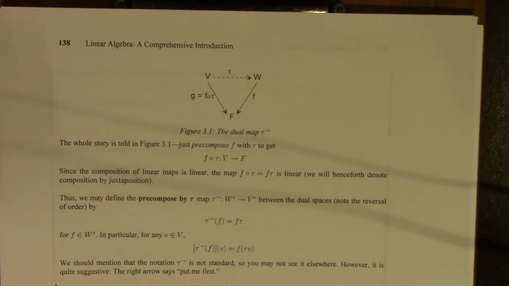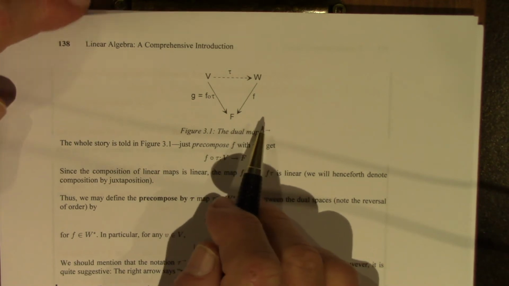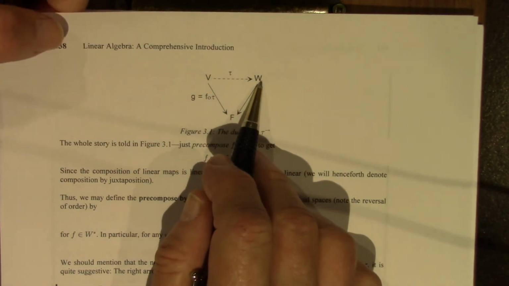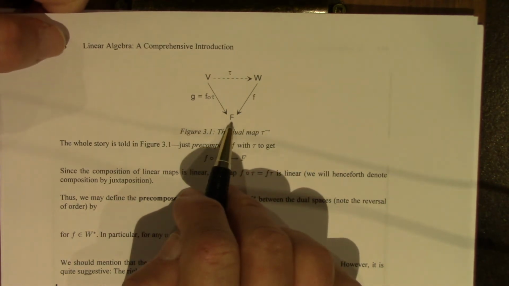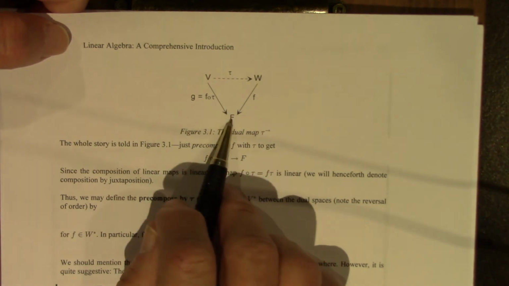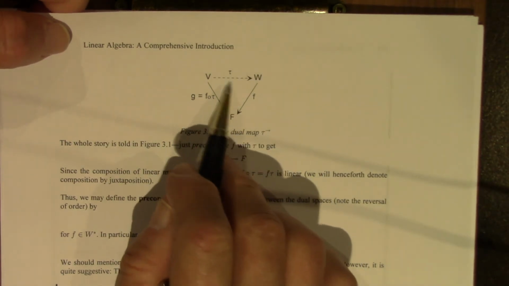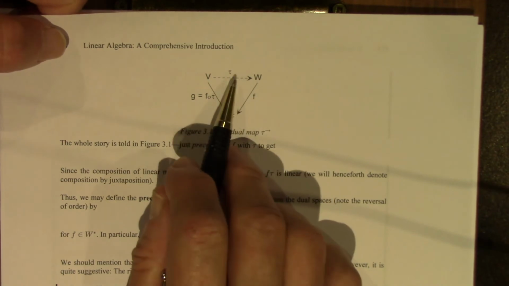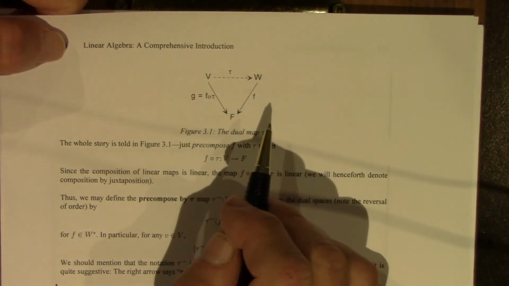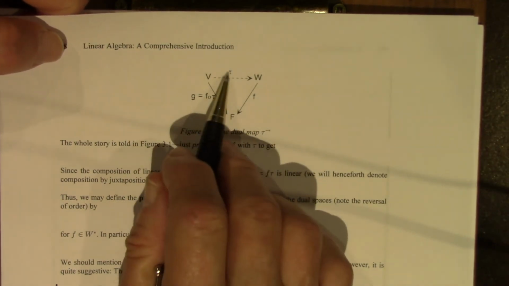Well, the whole story is in this picture. All you have to do to turn a linear functional from W to F into a linear functional from V to F is to pre-compose F by tau.